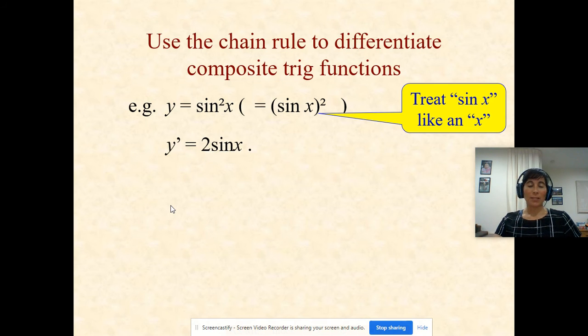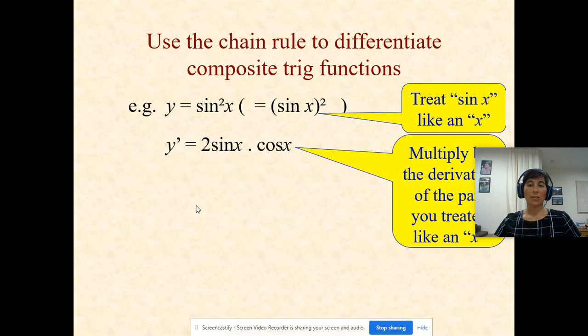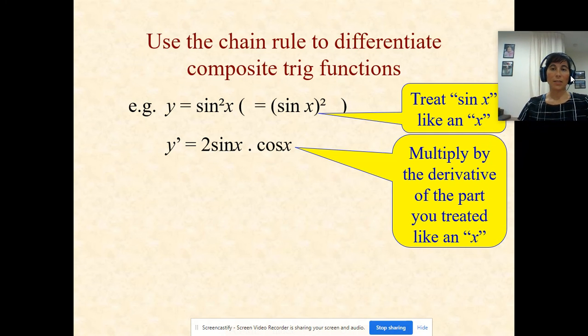If we then differentiate around that, then that's going to give us 2 sine x to the power of 1 times by the derivative of what's inside the brackets. So the derivative of sine x is cos x. And so there I've just got multiplied by the derivative of the part you treated like an x.